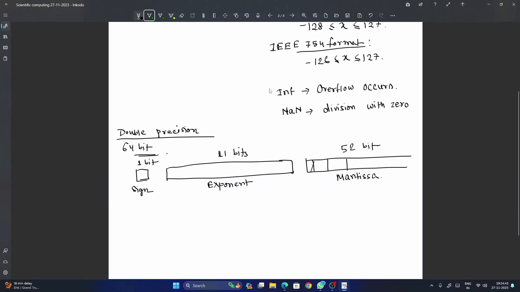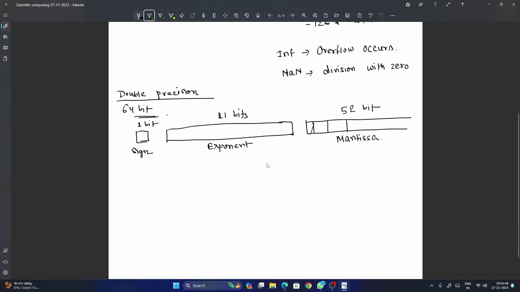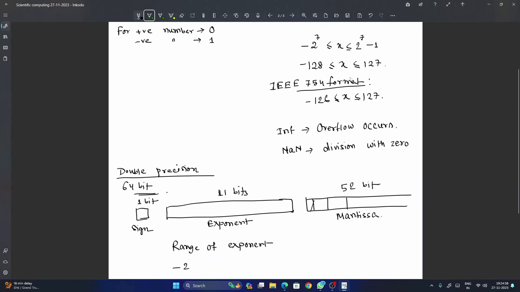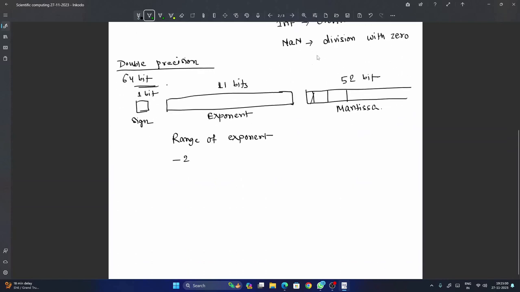And here the range of the exponent is minus 2 to the power 10, since you have 11 bits, less than or equal to x, and here you will get 2 to the power 10 minus 1. So what is 2 to the power 10 here? 1024, I think.